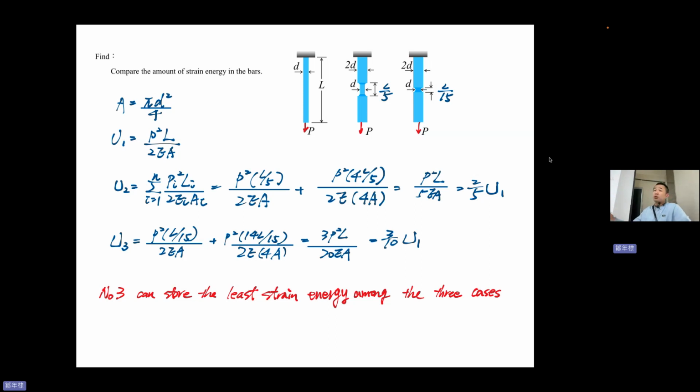When you have deformation, when you have strength, and then you will store energy. But you can see this is stronger. So it's more difficult for the same P to make it deformed. So the energy will be the least. Okay. Easy, right?